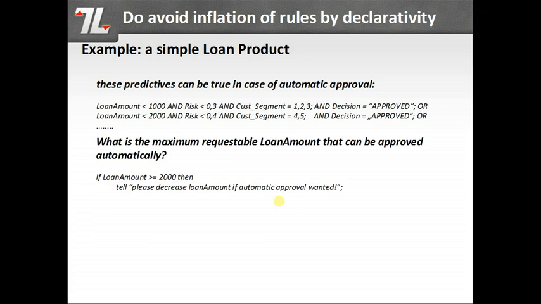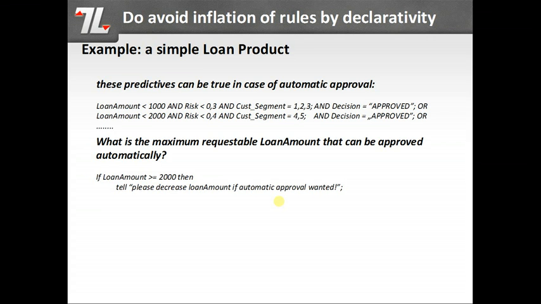Okay, if we couldn't evaluate our business rule because the customer segment and risk info is missing currently, then we should implement a part or fraction business rule like this. If loan amount greater than 2000, then tell please decrease loan amount if automatic approval wanted.